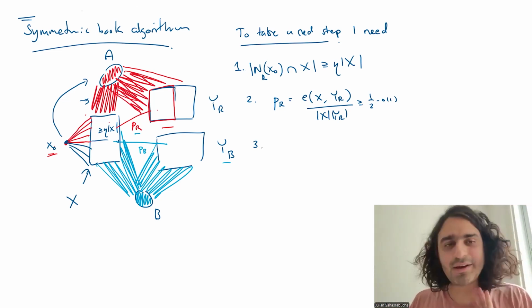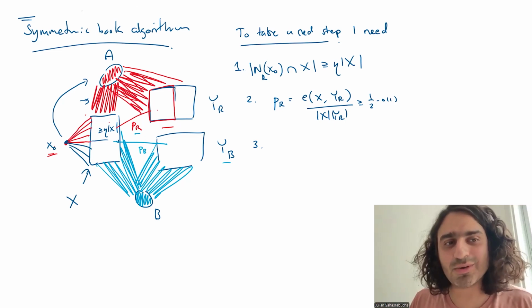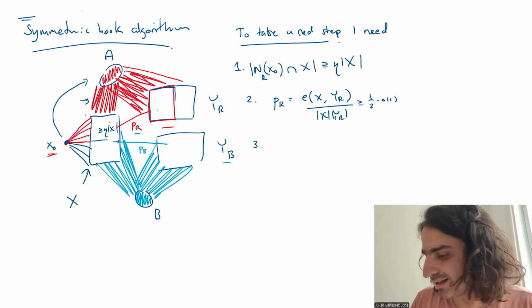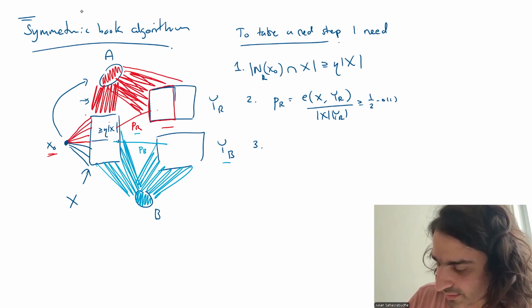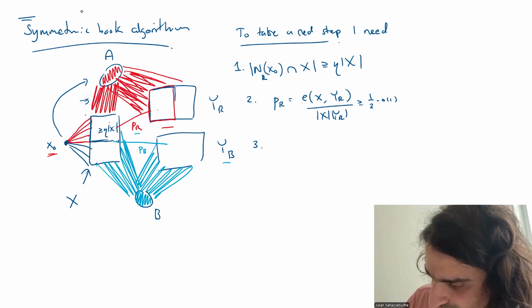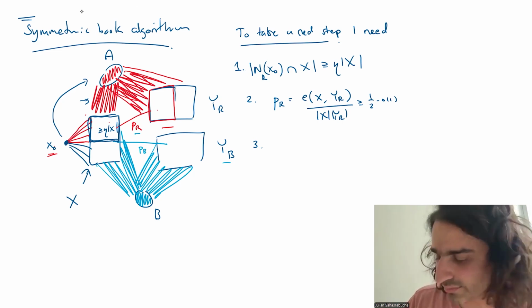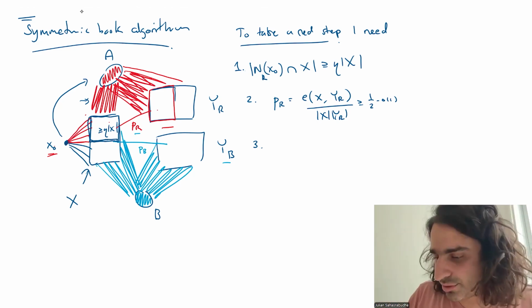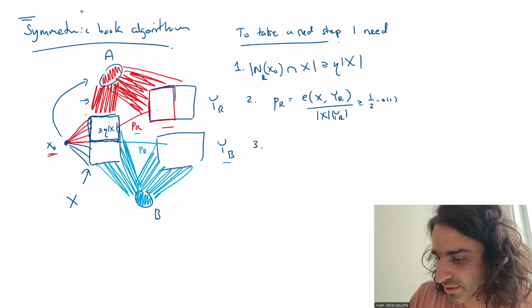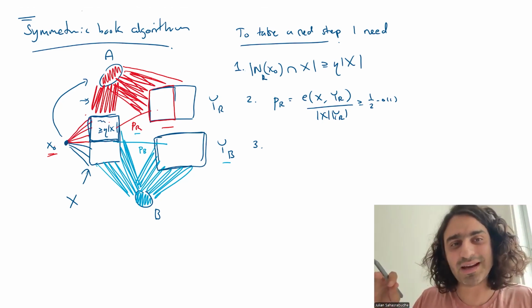Okay, and now three is really the most, actually, sorry, let me do an easier one before I get to the hardest one. If I put it here, I'm going to shrink the left-hand side to this, the red neighborhood. But I also need to make sure that my blue density between here and here doesn't drop too much in this step.